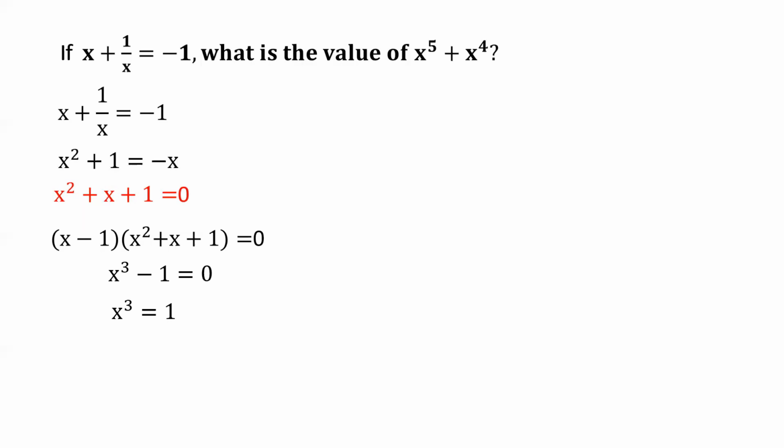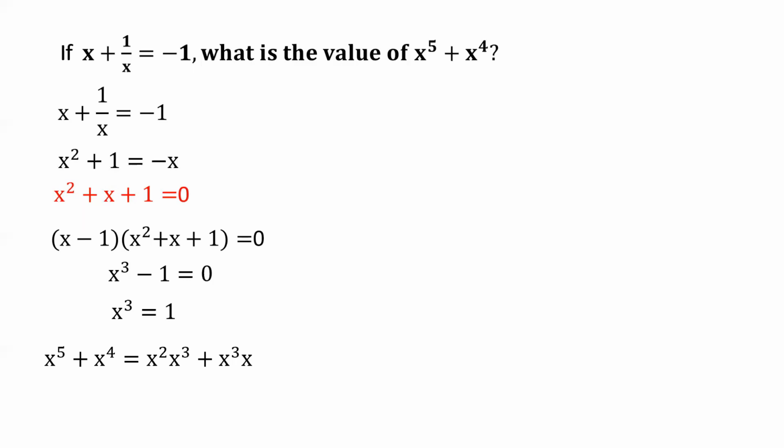Now we take the expression that we have been asked to evaluate, x to the power 5 plus x to the power 4, and we can break it up. x to the power 5 we can break up as x squared multiplied by x cubed. Similarly, x to the power 4 can be broken up as x cubed multiplied by x.